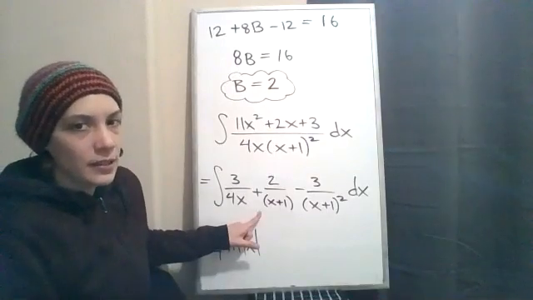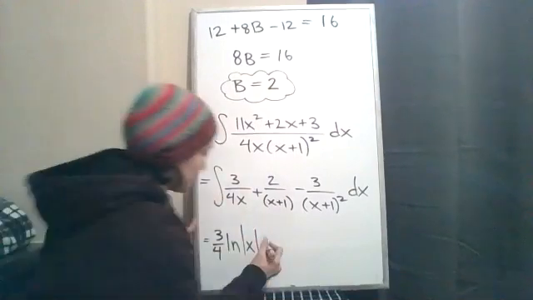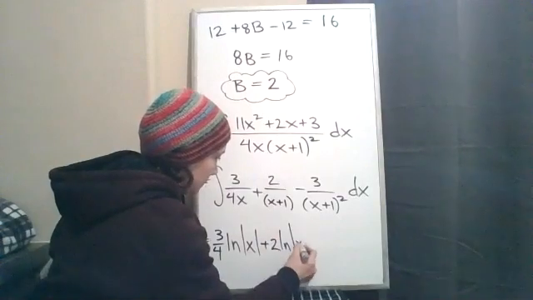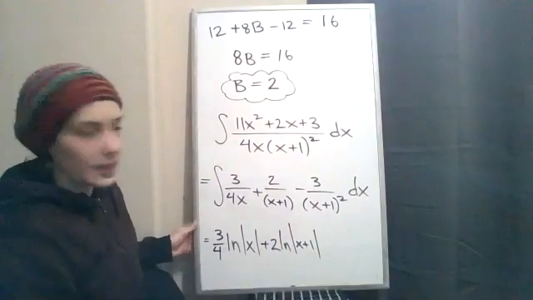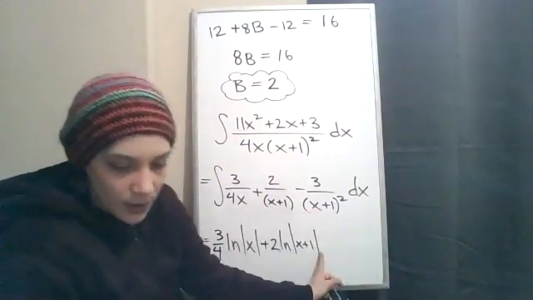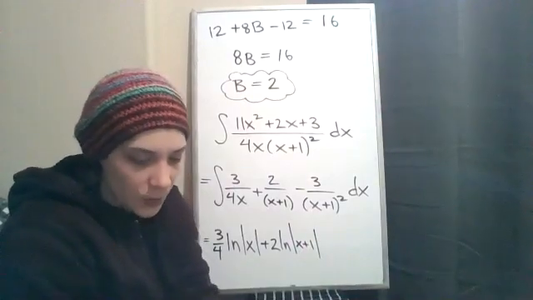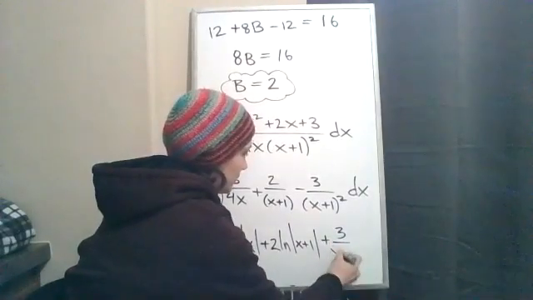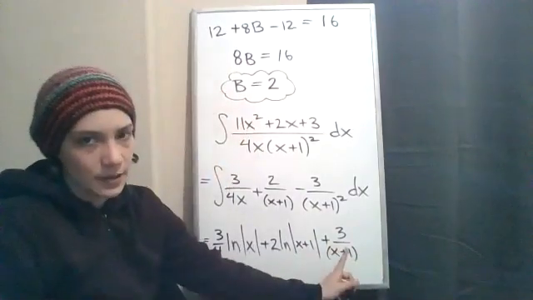Add 2 times ln absolute value of x plus 1. And then there's another u sub here, which would give you plus 3 over x plus 1. And add c.